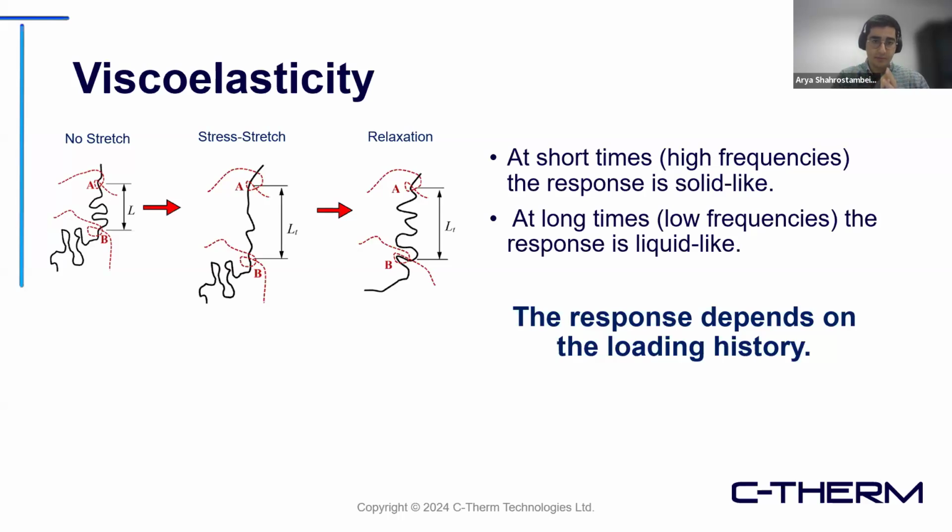Starting from the middle part, because of that stretch and that stress applied in the form of tension, the molecule chains of the polymer start aligning to the direction of the force that you are applying. After releasing that force, you see that the chains are trying to go back to their original position.